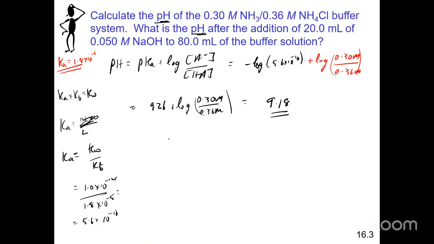All right. Okay, so that's the pH before you add anything to this solution, right? Now I want you to keep this number in mind here. The pH I will just calculate it, because what we're going to look at next is how the pH changes when we add the sodium hydroxide. All right.